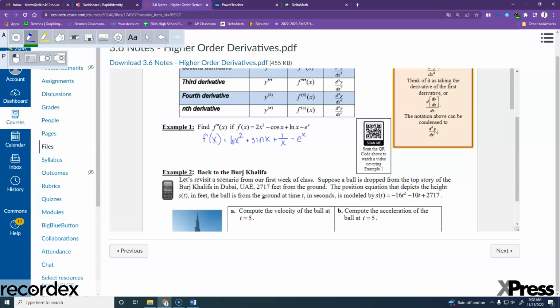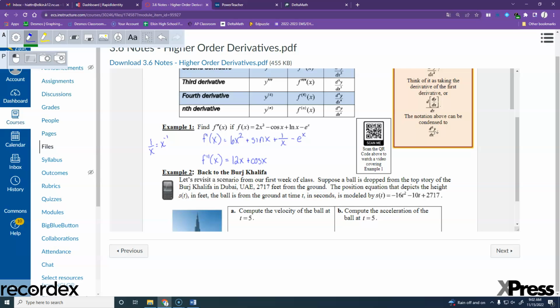Then we would just do that again. We would take the second derivative. So we get 12x. Derivative of sine is cosine x. What should I do with this 1 over x? We could do quotient rule, but there is an easier way because 1 over x is the same as x to the negative 1 power.